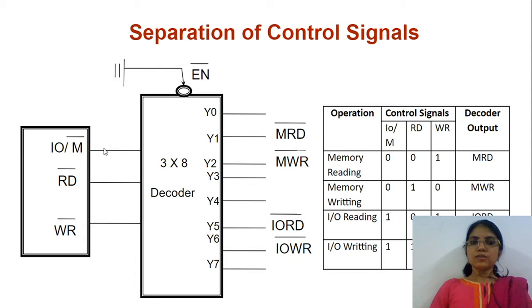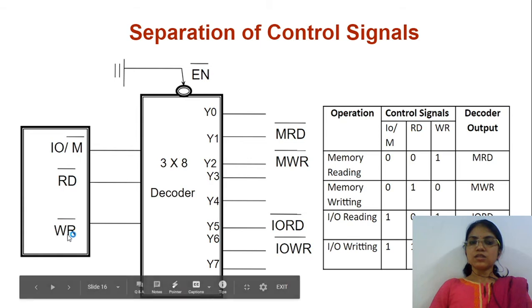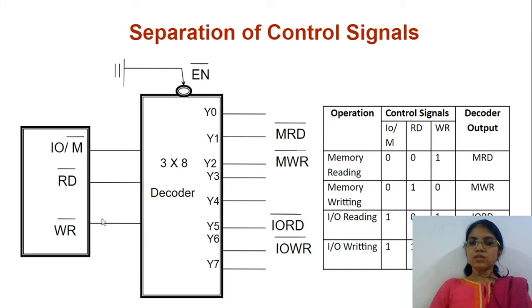So on that pin we transfer 0, because it has a bar. Similarly, the operation is reading, so the reading signal also needs to be activated, and hence RD bar also becomes 0. While we want to deactivate the WR bar signal, because we are performing memory reading. So for deactivating WR bar, we transfer 1.